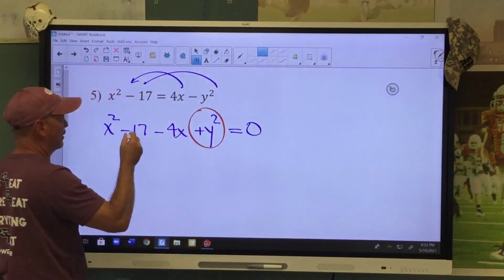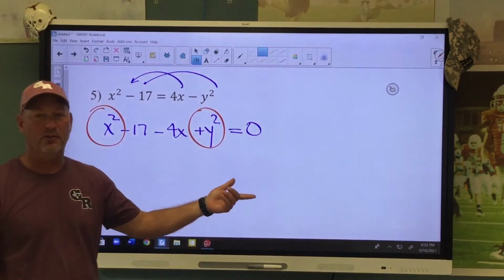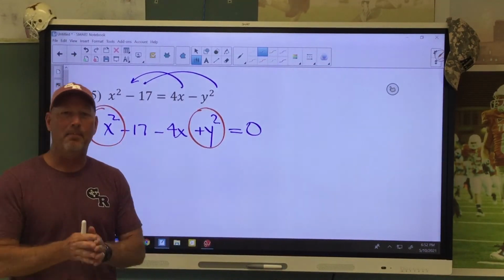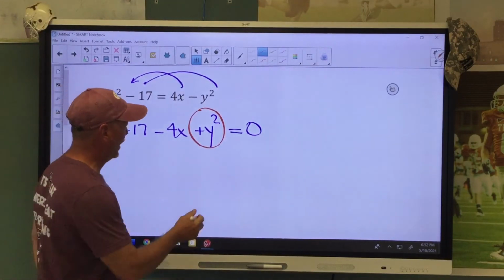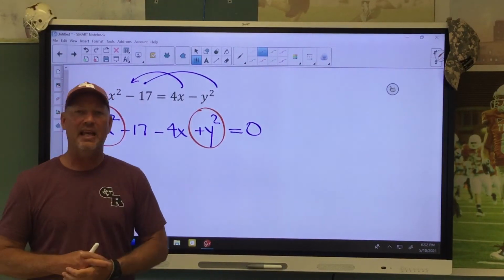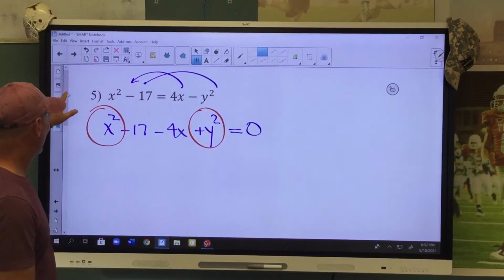Focus on the square terms. I have x squared and I have y squared. They are both positive and they both have the same coefficient in front of them. They both have an invisible 1 sitting in front. This would be a circle.